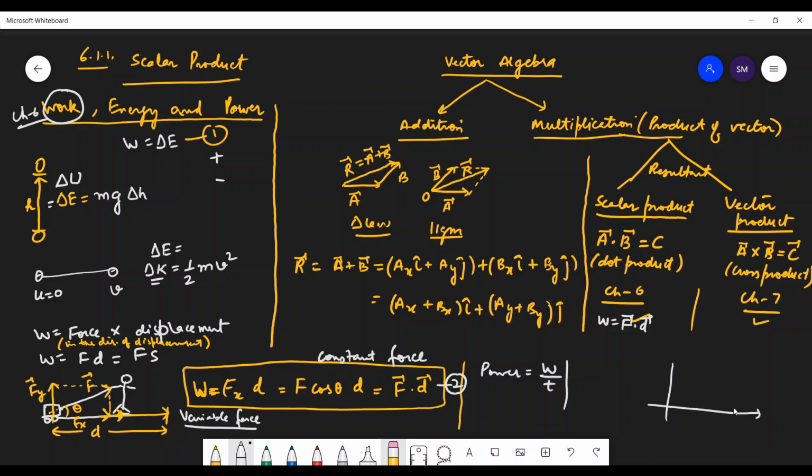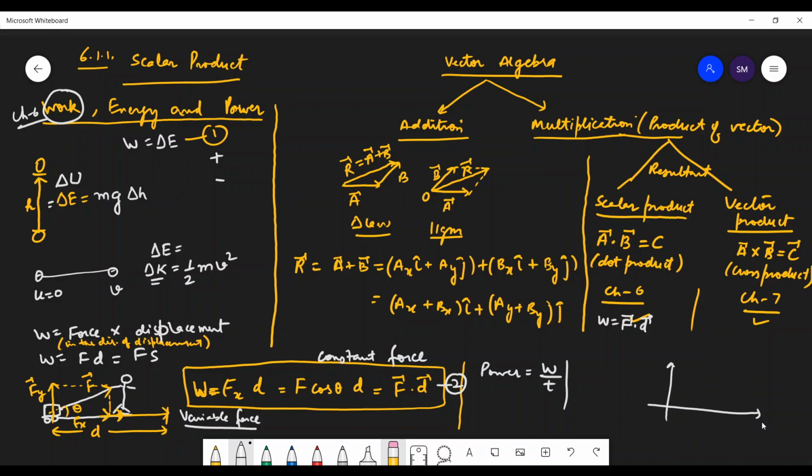If I am drawing a graph, on x-axis displacement and on y-axis force, and force is variable here, force is a function of x, so you can call it position. So I am drawing position over here. So as the position is changing, the force is also changing. So it's a case of variable force.